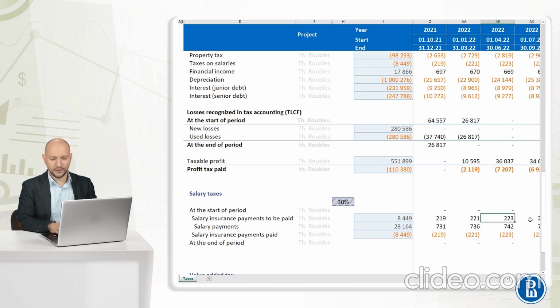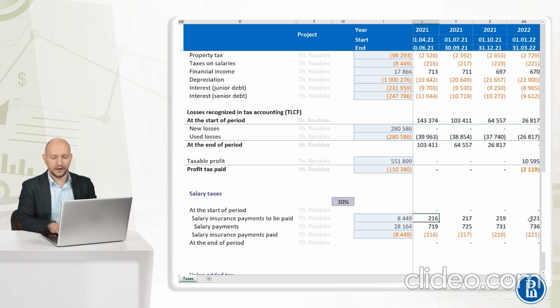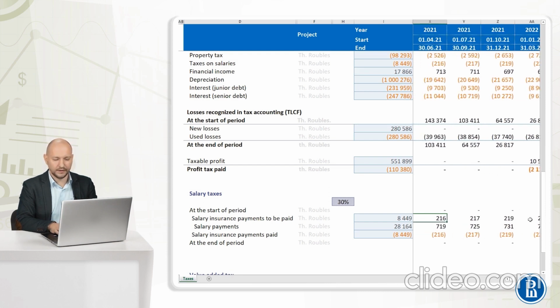Here, what I want to point out is an additional tax, which is in fact insurance payments. In Russia, any company is obliged to pay about 30% of the employee's salary to special insurance funds, and here I'm just going to show you how it can be easily calculated.